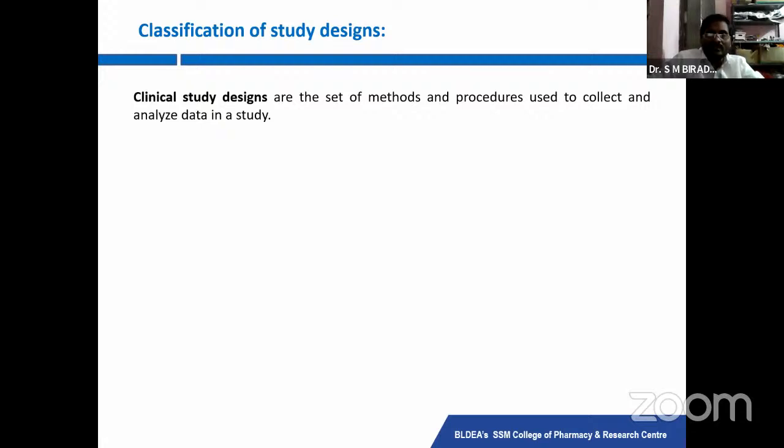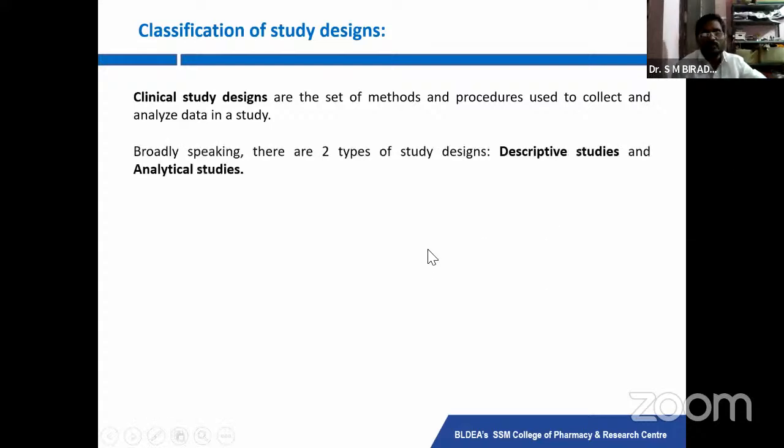Whenever you want to carry out any kind of research activity, we have to follow certain procedures and methods. When you perform these methods and procedures, the outcome you get from your research study is called outcome data. If you analyze those data, that is nothing but your clinical study design or your clinical study outcome.